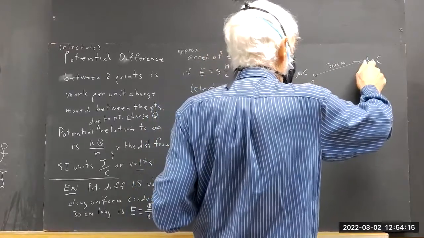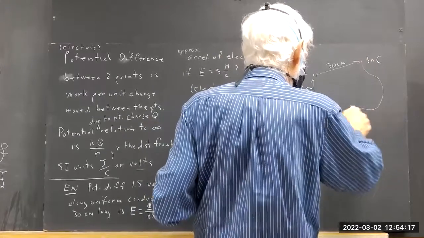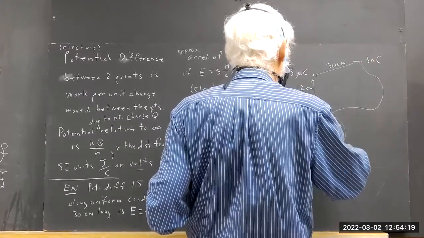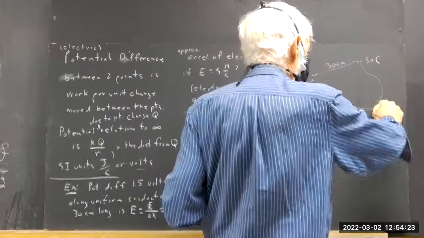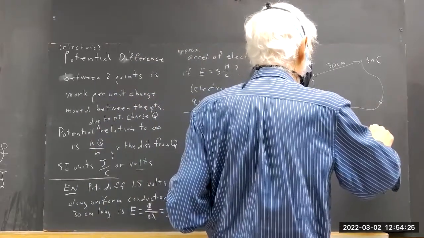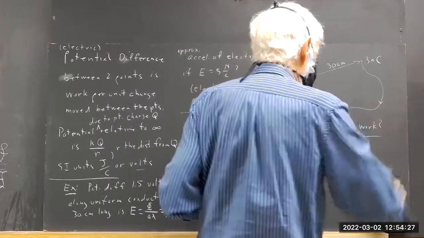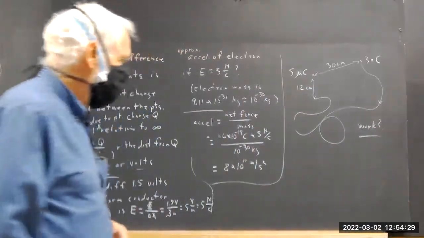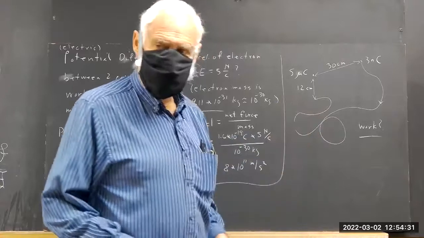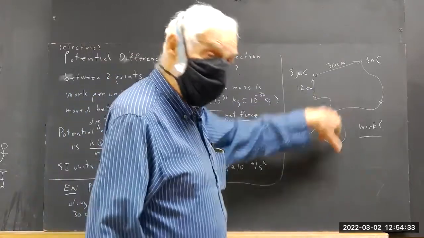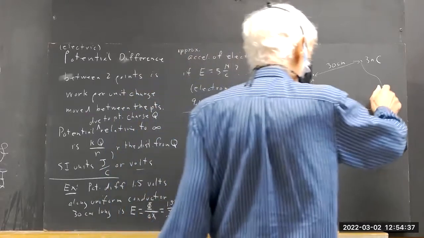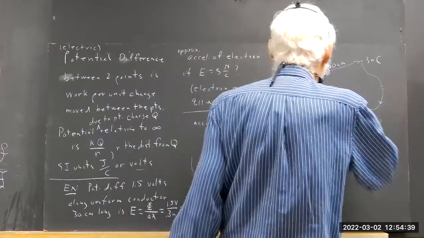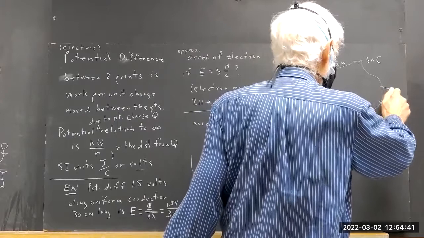Okay. How much work to follow this path to here? Now, assuming I can parameterize this path, having parameterized this path, I can break it into little segments. And in each segment, I can figure out the electric field, right?